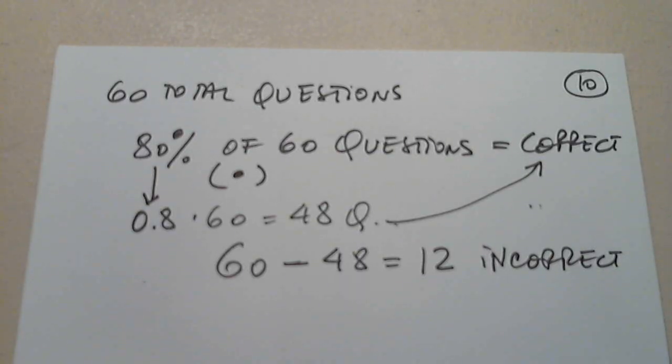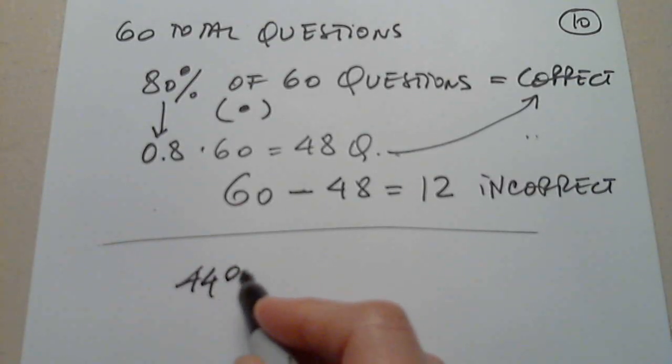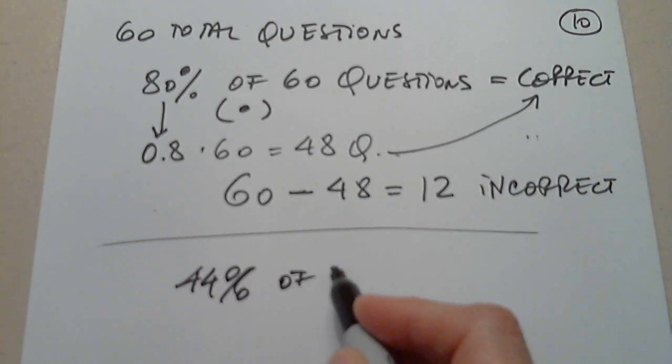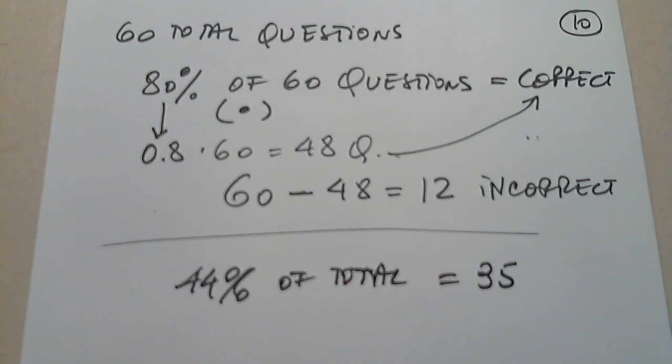How do I translate this into an equation? So 44% of the total is 35. Those were successful. 44% of the total were successful, and that is given to us as being 35.